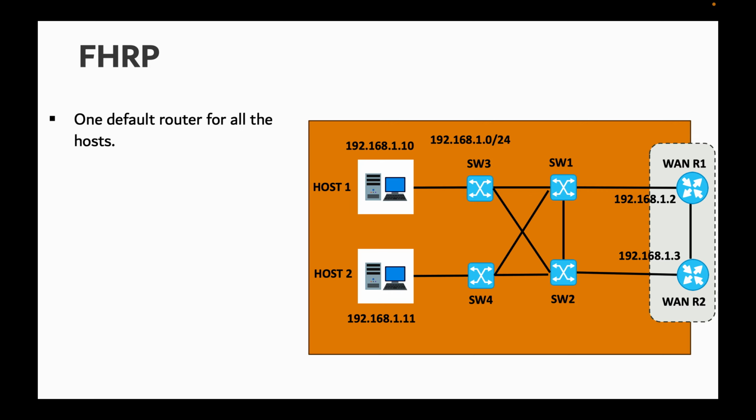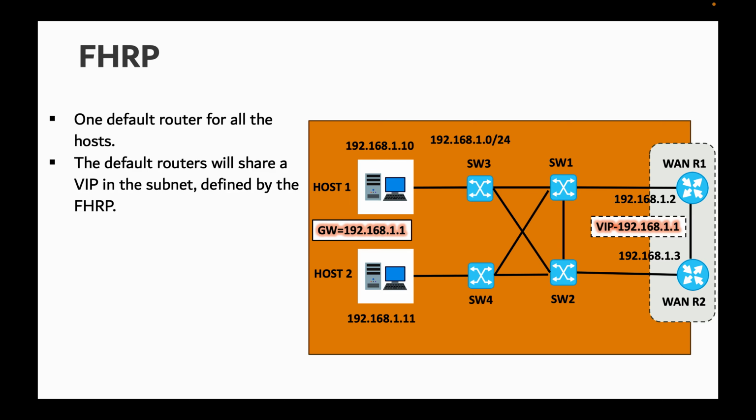So FHRP makes the following happen. It will allow the hosts to have only one default router, and the default router will share a virtual IP address from this subnet, defined by the FHRP. As you can see, I have a VIP, or virtual IP, which is common to both the routers.